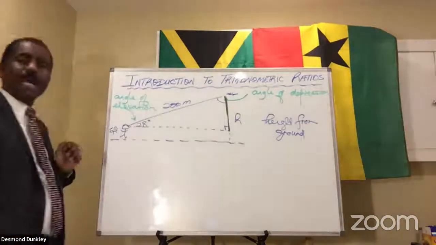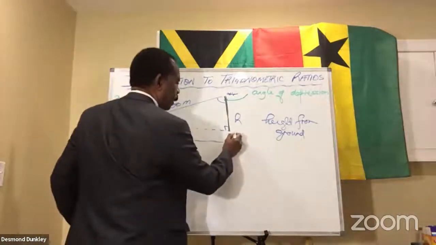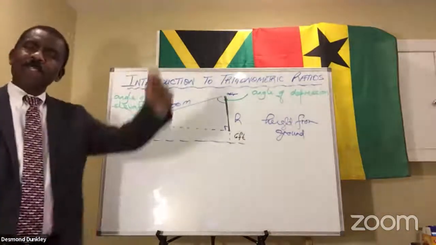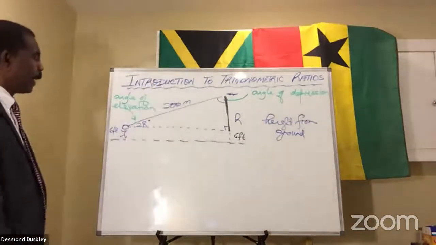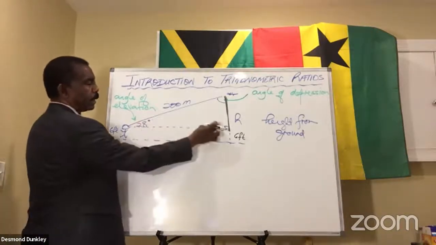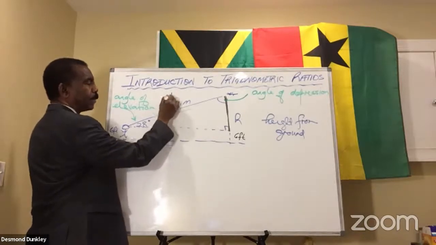We could find that height and then add the 6 feet to that number to get the total height. Okay, so here goes. If this is 28 degrees, this is a 90-degree angle, so this has to be the hypotenuse.